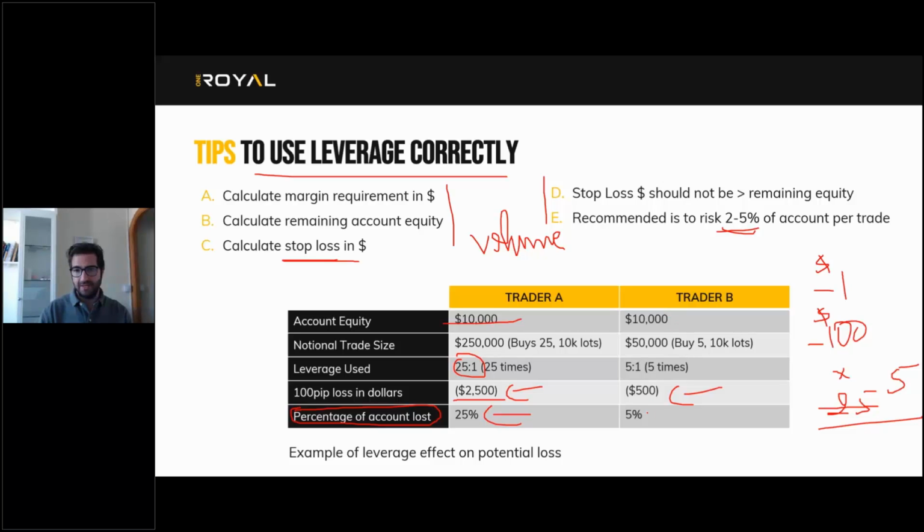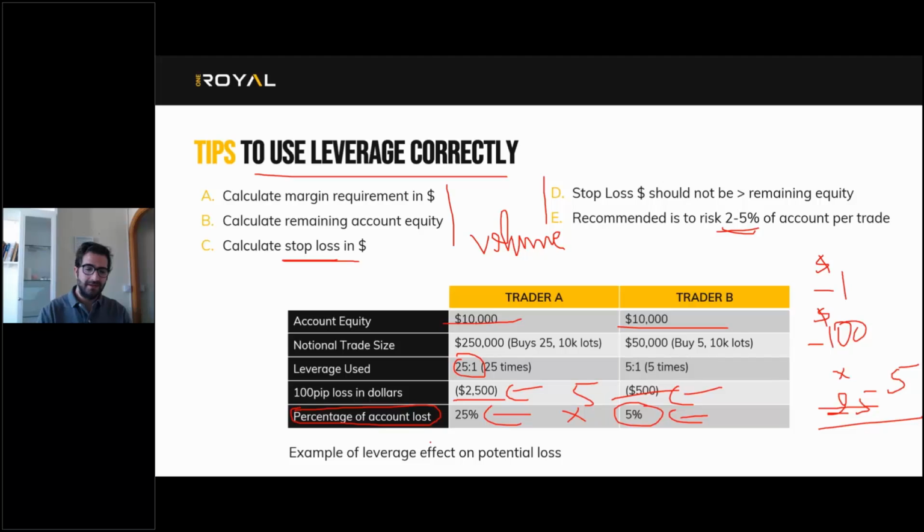However, trader B lost just 5% of his account, which is 500 divided by 10,000. So trader A lost 25% of his account, which is 5 times trader B, a huge loss for trader A.